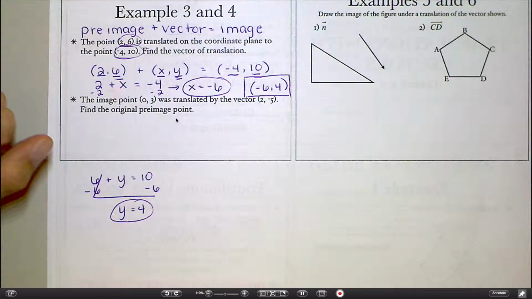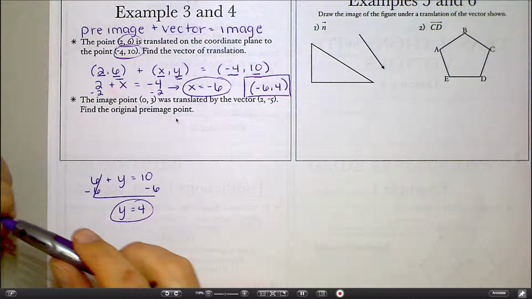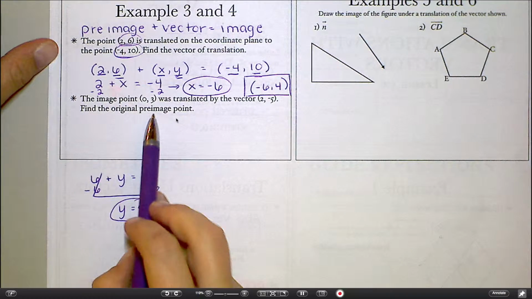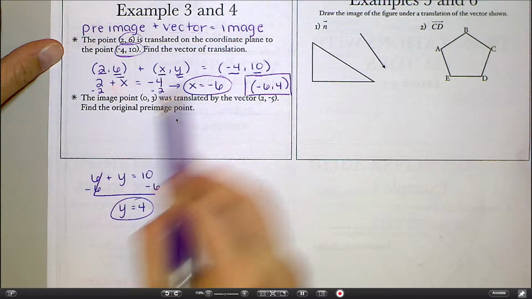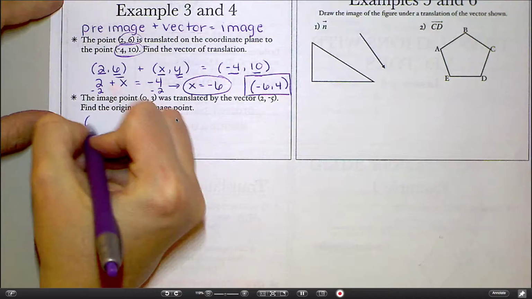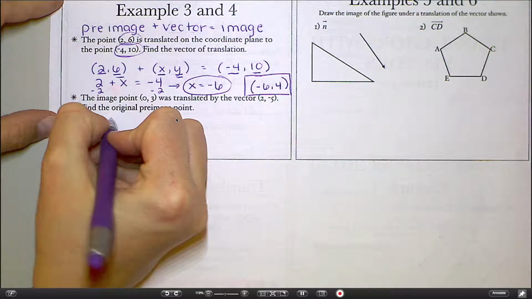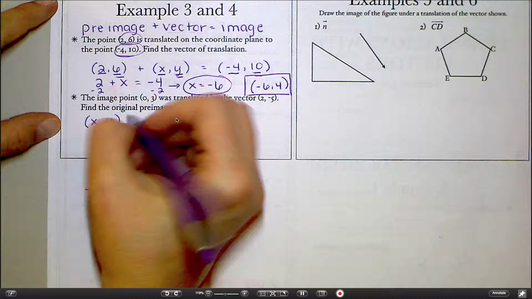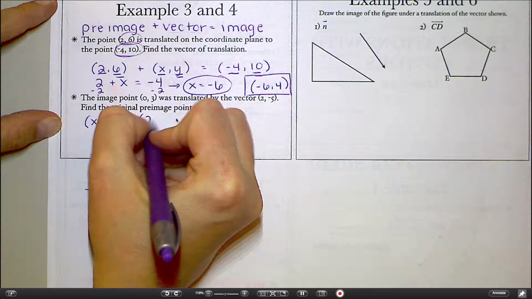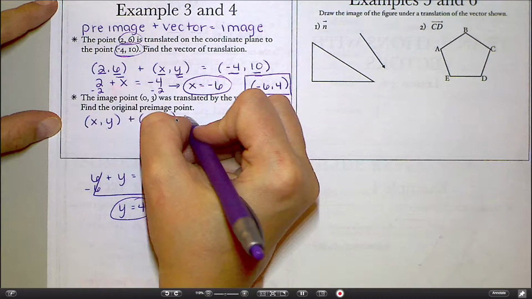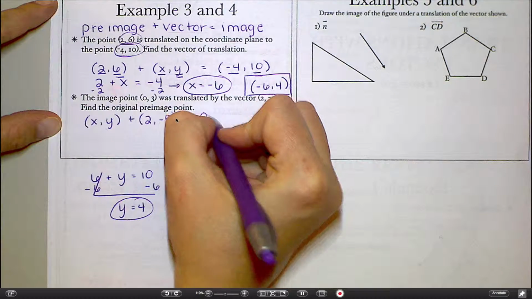Okay, the image point (0, 3) was translated by the vector (2, -5). Find the original pre-image. So here's my image, here's my vector. This time I don't know what my pre-image is, so that's where I'm putting my x and y, plus my vector, which was (2, -5), and it's going to end up at (0, 3).